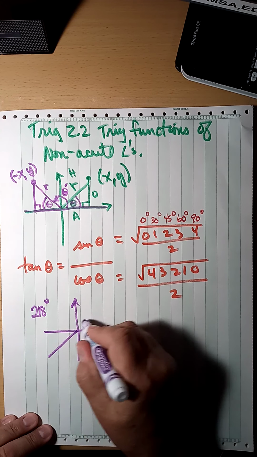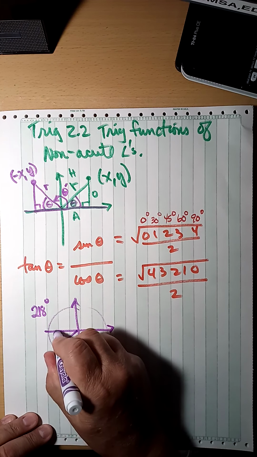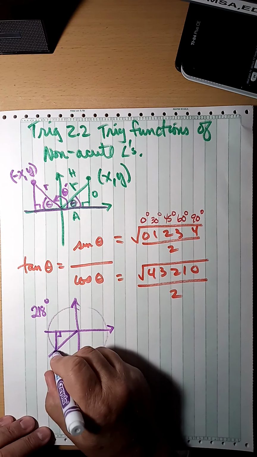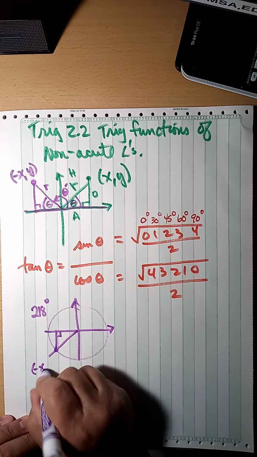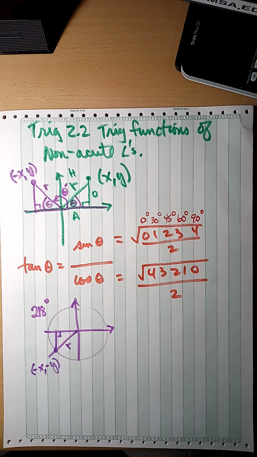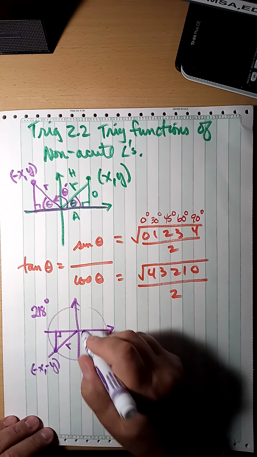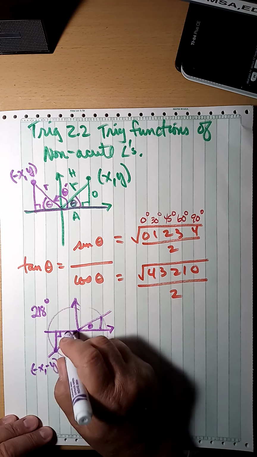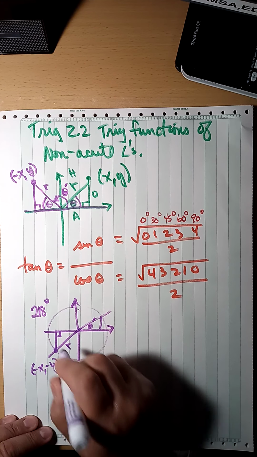That's in the third quadrant. So we have a triangle like this in the third quadrant. Now both x and y are negative in this quadrant. R is always positive, but it's still the same value as anything over here in the first quadrant with that same theta. We'll call this theta prime.